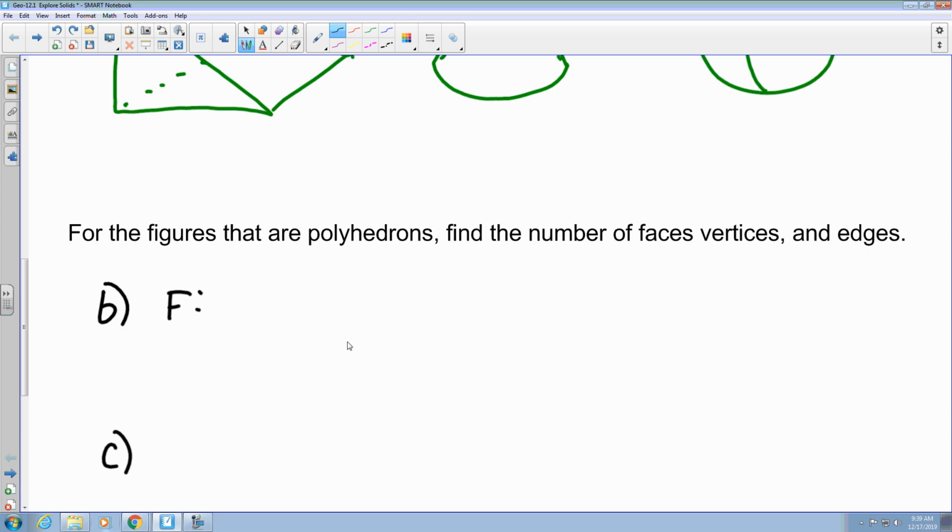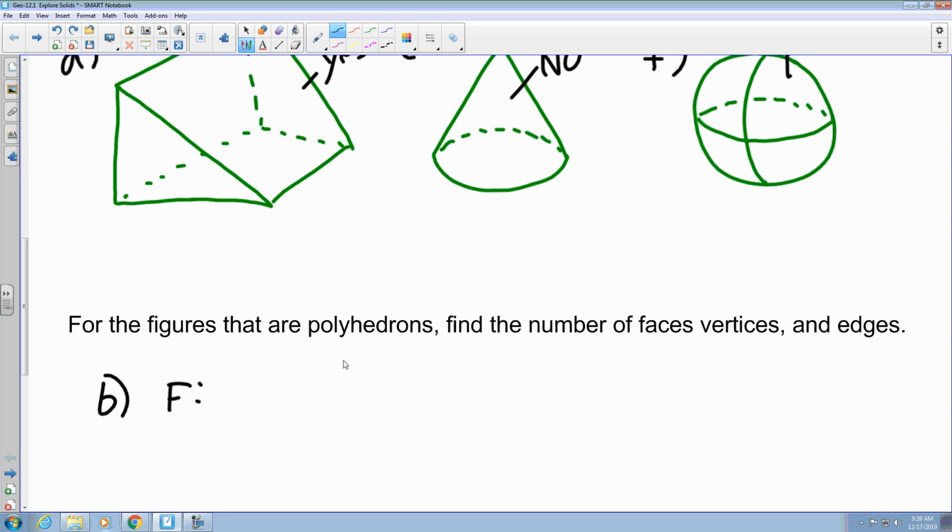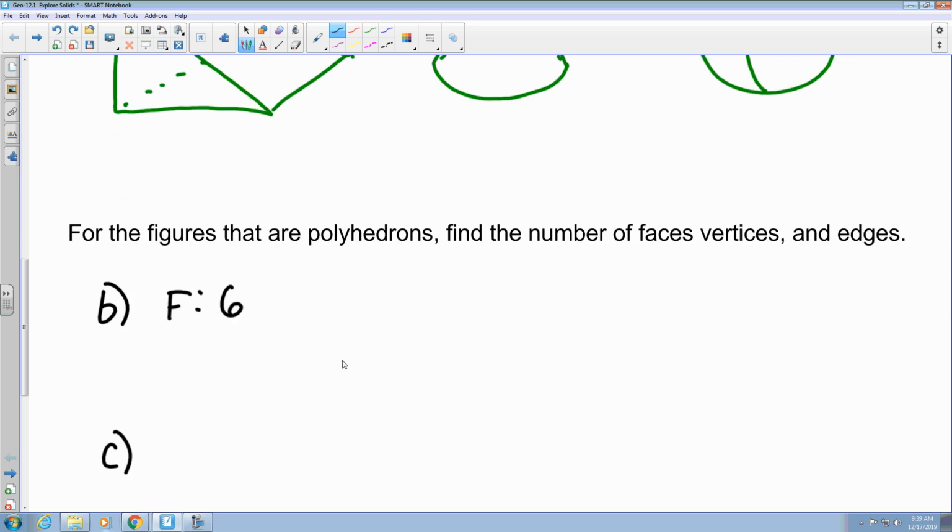I want to find the faces for B. So I have one face here, so that's 1, 2, 3, 4, 5, and then 6. So I have 6 faces for that prism.